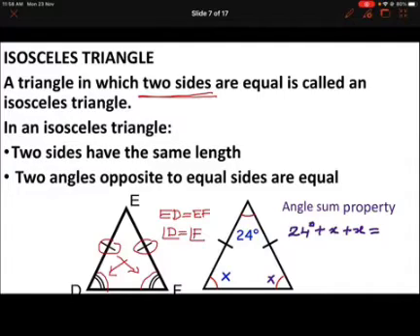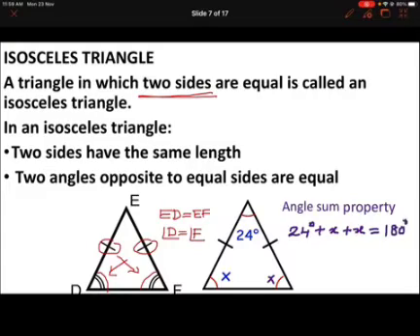This angle is 24, children. That's what I've written here. This angle is x. This angle is also depicted by x. Why? Because these two angles are equal. So we have 2x.